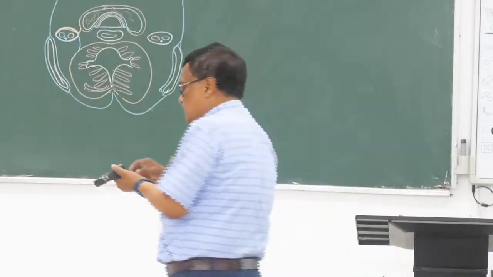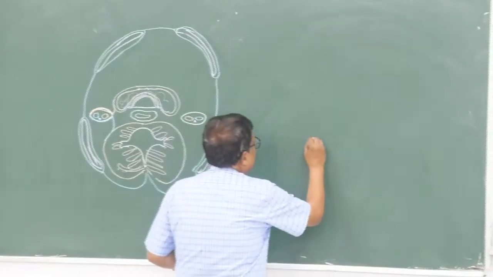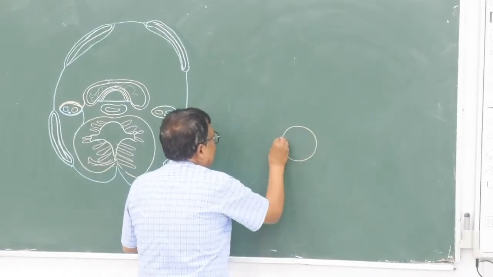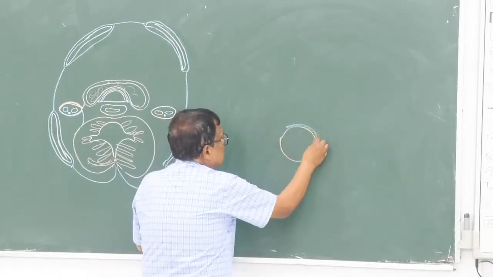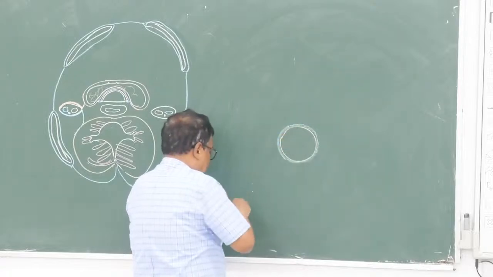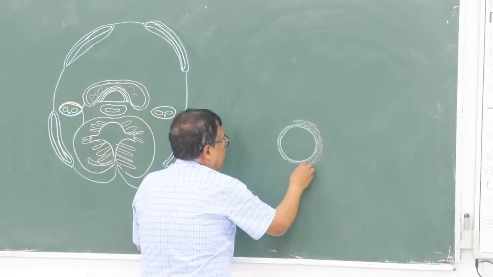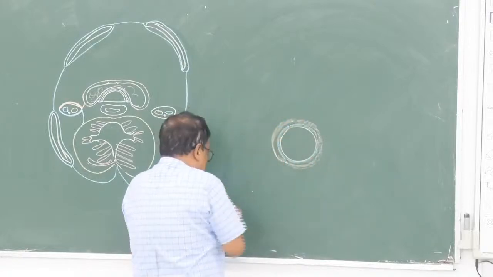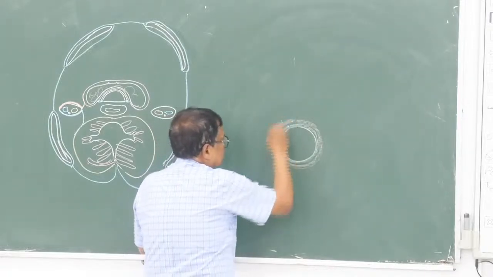In the pharynx also these norms are maintained. Inner mucous membrane, lining epithelium, followed by submucosa, followed by muscularis externa, followed by serosa or adventitia.